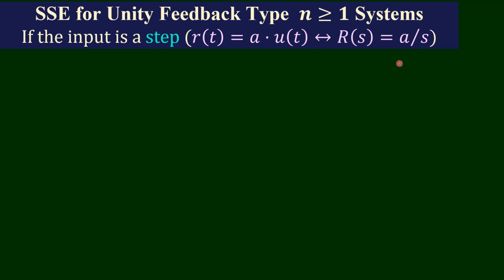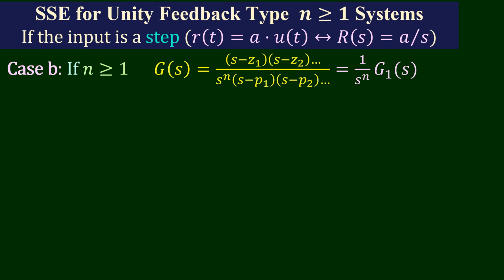Once again, the same system, the input to the system is a step input, but the type is type 1. We understand now that whenever n is equal to 1, it is a type 1 system. This means that there is one integrator in the system, or one pole at the origin.